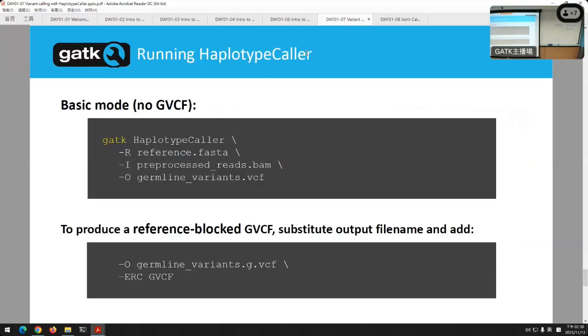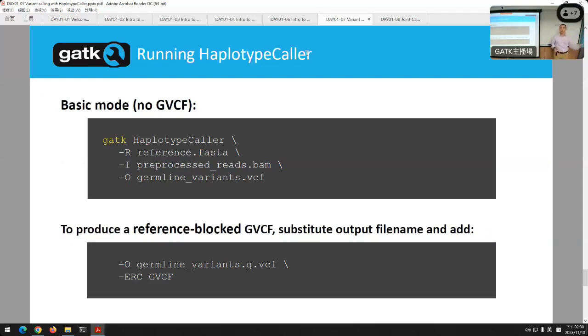So on the top, you'll see the basic way of running HaplotypeCaller, which we're about to do in like 2 minutes. Okay, so everyone get excited. Run the GATK. The tool is called the HaplotypeCaller. Because this is the first time we're doing this, I'll take just a second to show you that the GATK has different arguments. -R means the reference file.